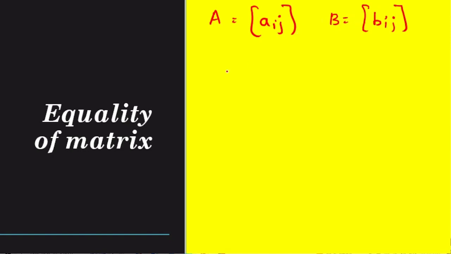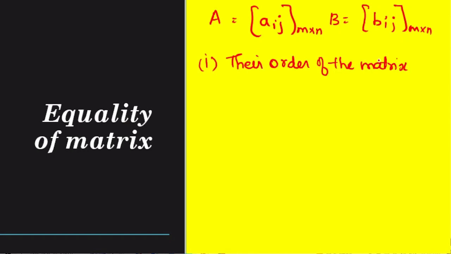Here you have m into n ordered pairs, and here also m into n ordered pairs. When you are talking about equality of matrices, the first point is that the order of both matrices should be the same.